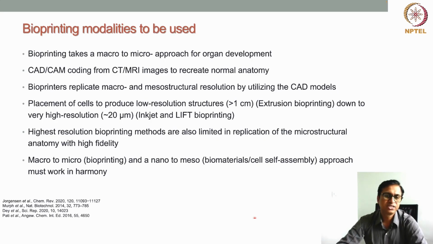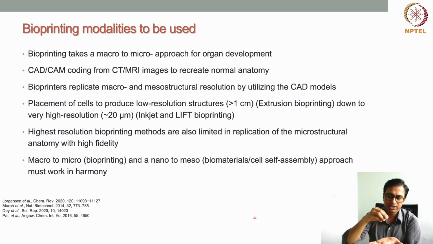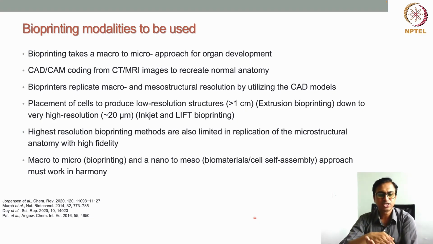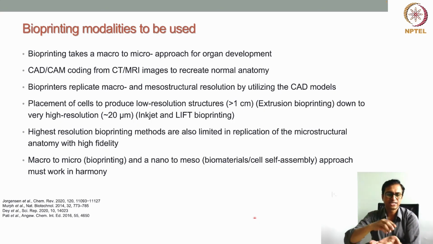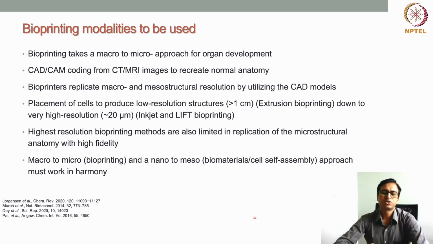There we can place or position the cells in a very detailed way, at a particular required coordinate where they need to be printed. So we can control the positioning of these cells at a certain location, so that we can create that localized environment of the particular tissue structure. That is very much required for bioprinting.